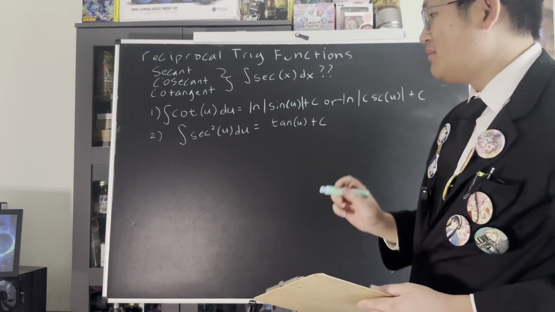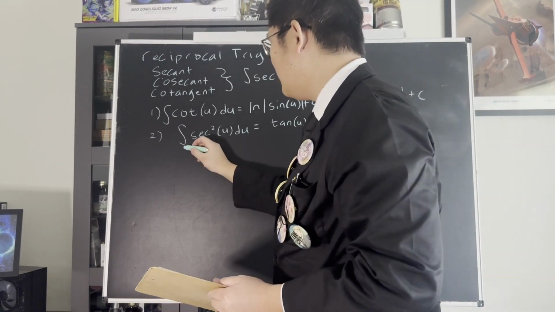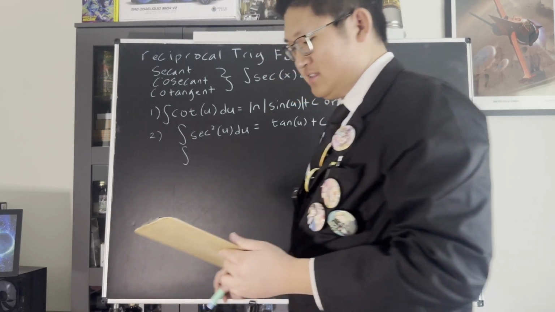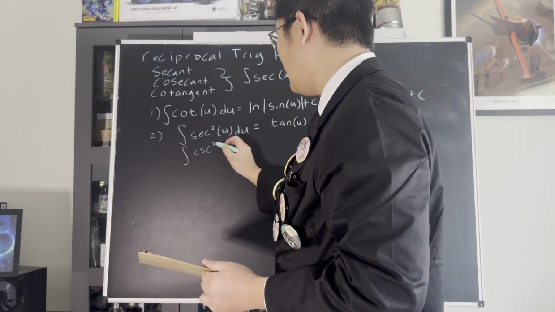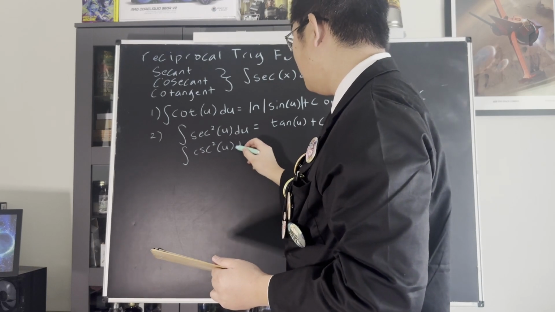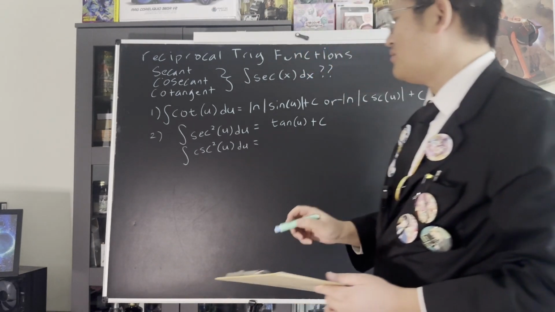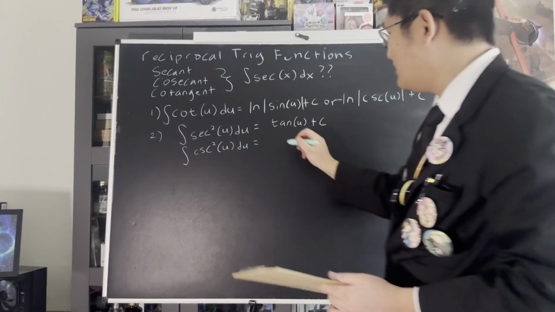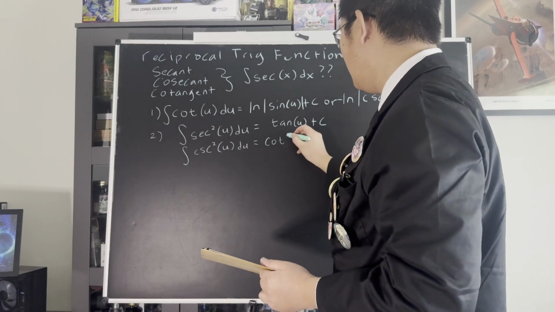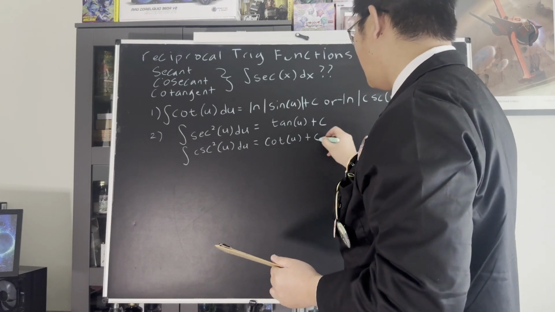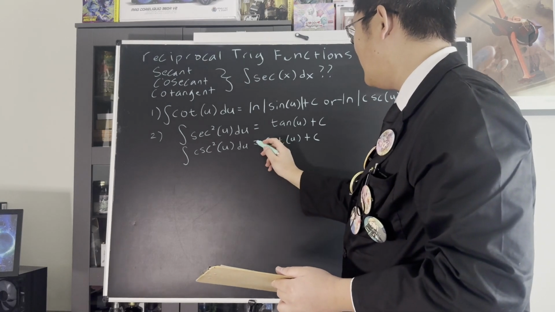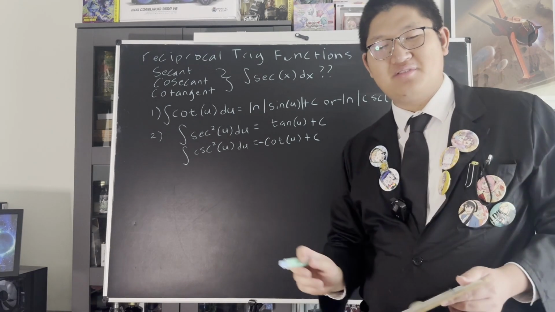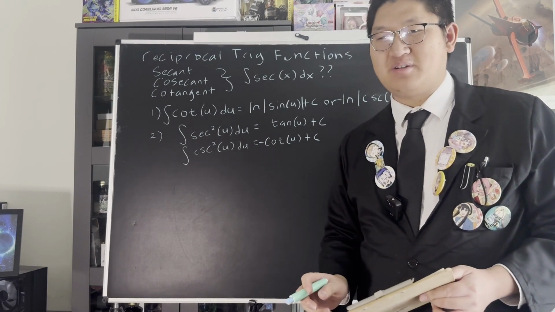Similarly, we have the same idea with cosecant. Those two go hand in hand. We square that, and cosecant squared gives us cotangent of u plus c. Of course, if we picked up on the pattern, with that co in the name, we have to put a negative on the result of the integration.